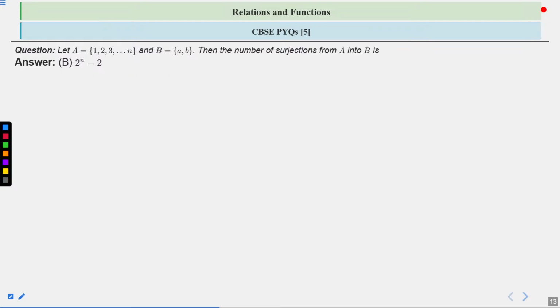If you have any doubt, you can write it in the chat box. So the answer is option B.